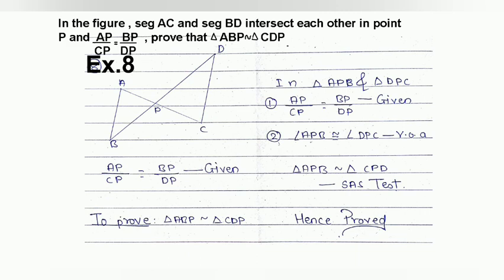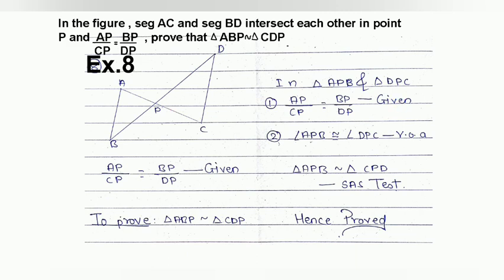From this given information, we are going to prove these two triangles are similar. We write the given part first: AP upon PC is equal to BP upon PD. It is given.